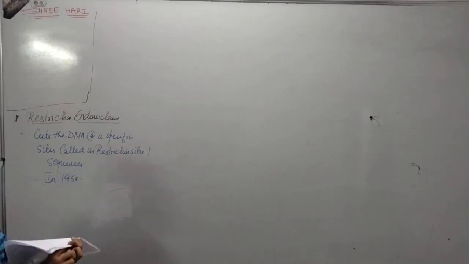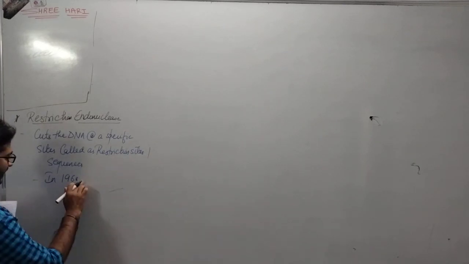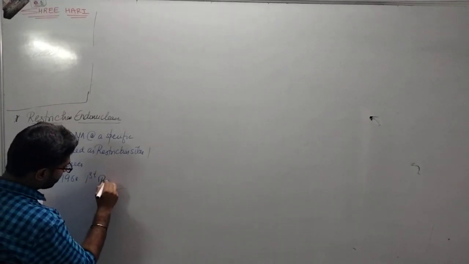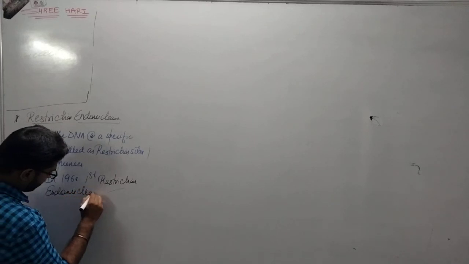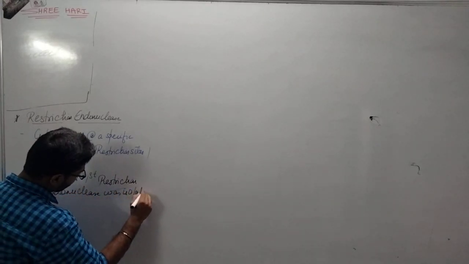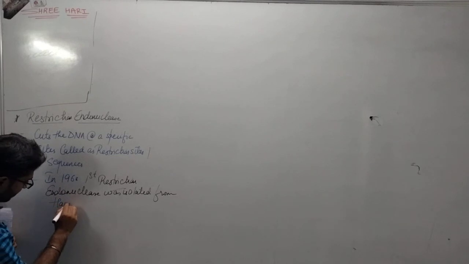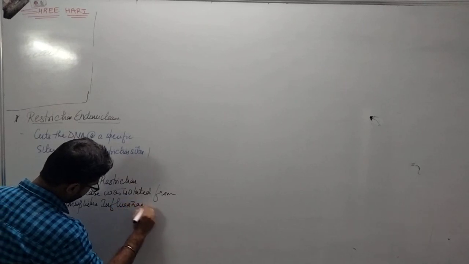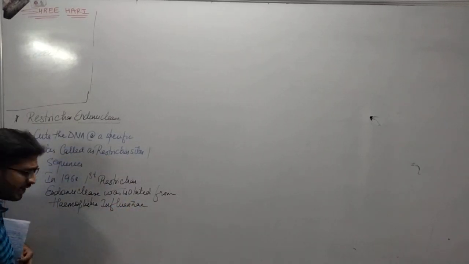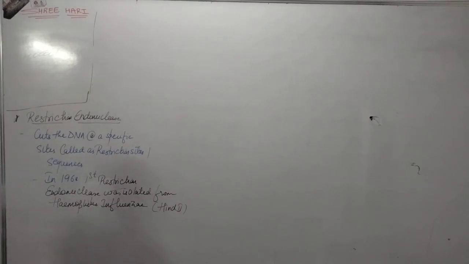In 1968, the first restriction endonuclease was isolated from the Haemophilus influenzae bacterium, and the restriction endonuclease was HindII restriction endonuclease.